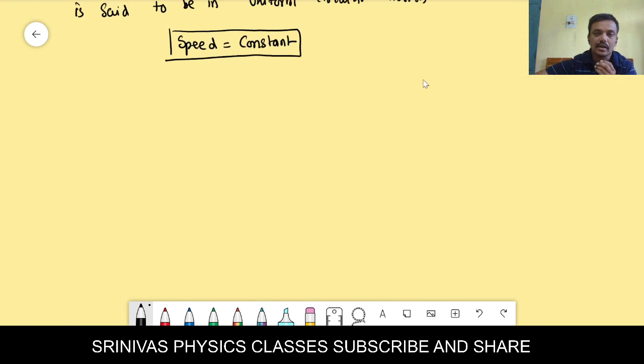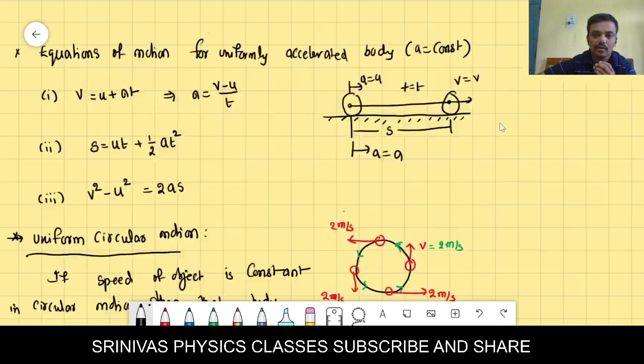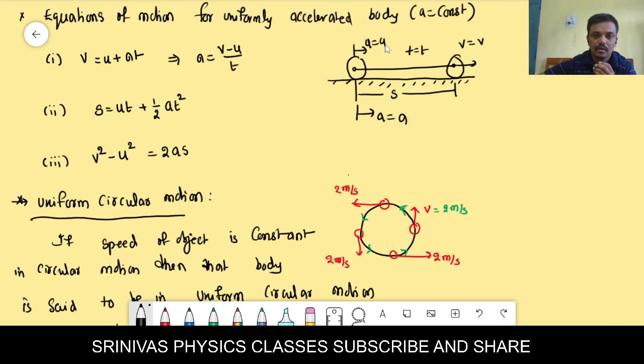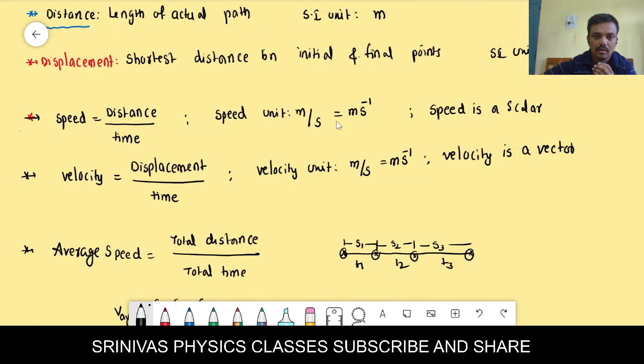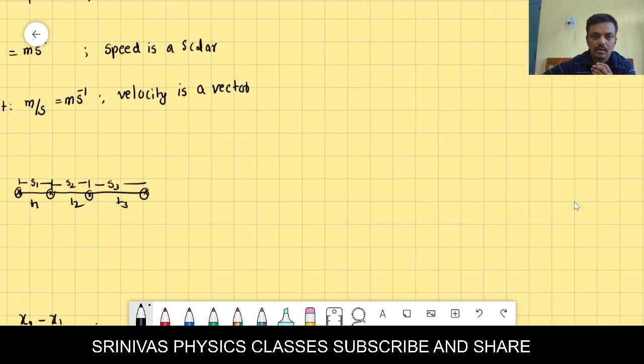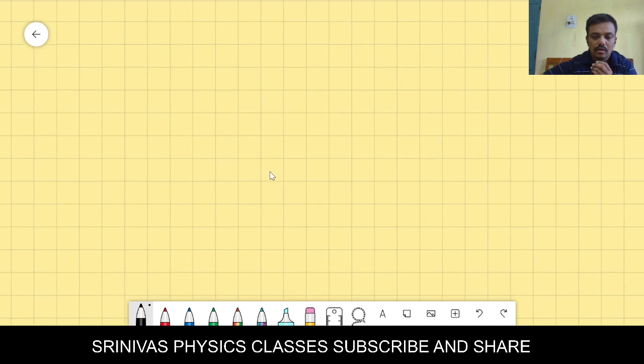I will continue for 5 more minutes. First one is the position time graph, or the distance time graph.